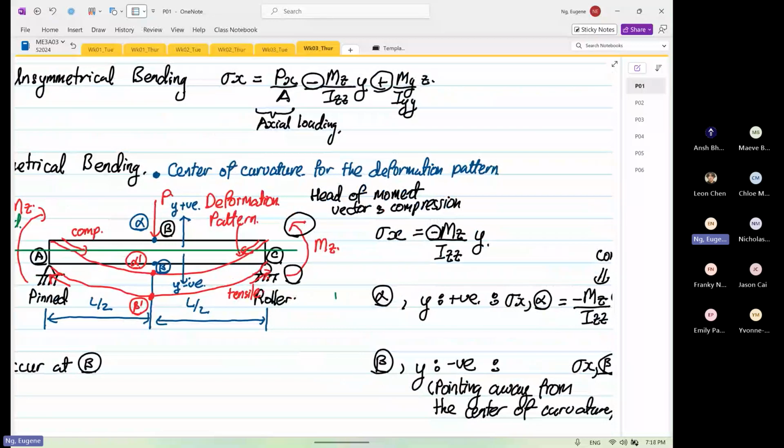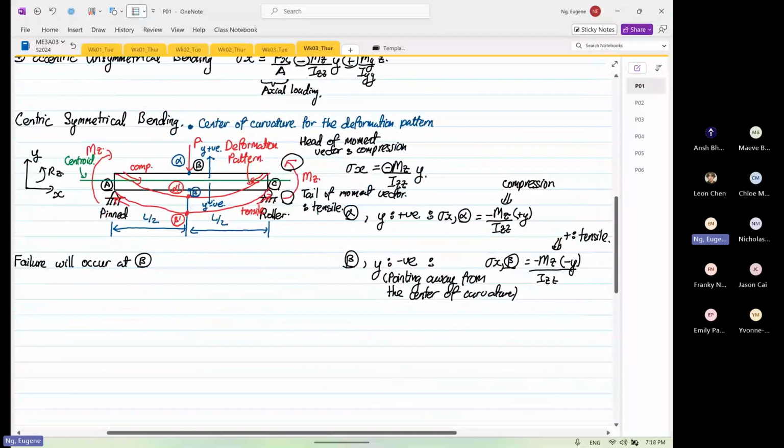The tail of the moment vector is always in what? Tensile. Just remember that. You don't need to remember that the center of curvature is positive and away is negative. Just visualize based on the moment vector. The head of the moment vector is in compression, the tail is in tensile.